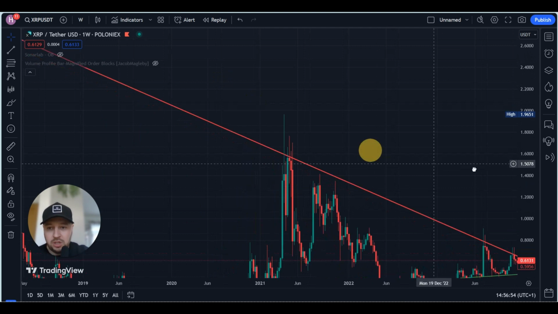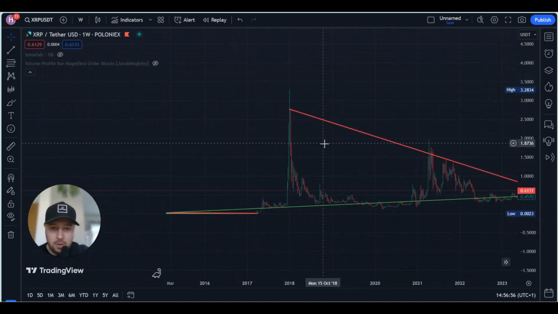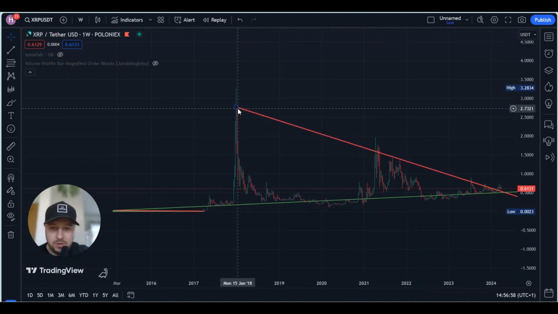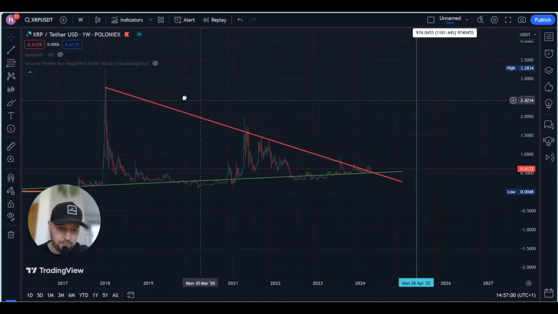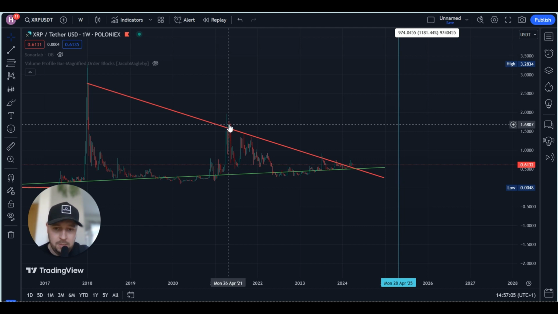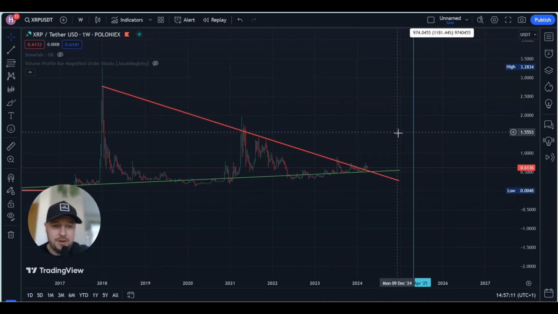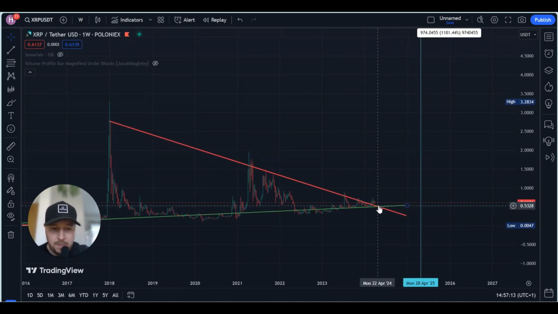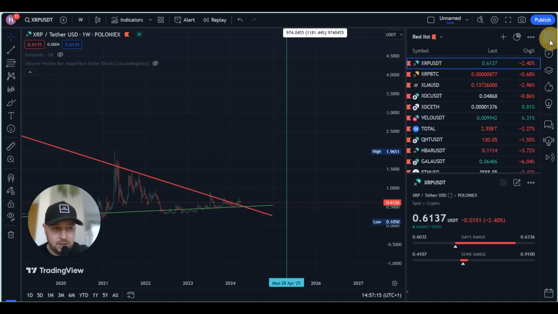This has all been downward price action since that blow off top in January 2018. Although we've had these impulses to mark out the 2021 high, ultimately it's been in a downtrend. But as they say, the longer the base, the higher in space, so I do expect some sort of massive price explosion for XRP.